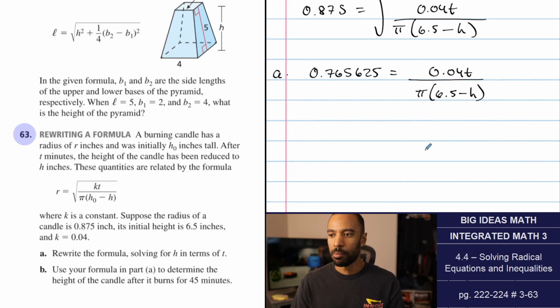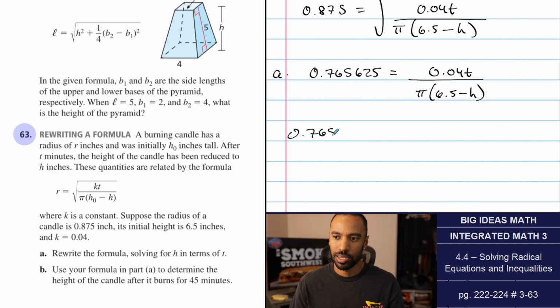Okay. I'm going to multiply both sides by pi times (6.5 minus h) as a whole. So 0.765625 pi times (6.5 minus h) equals 0.04t.